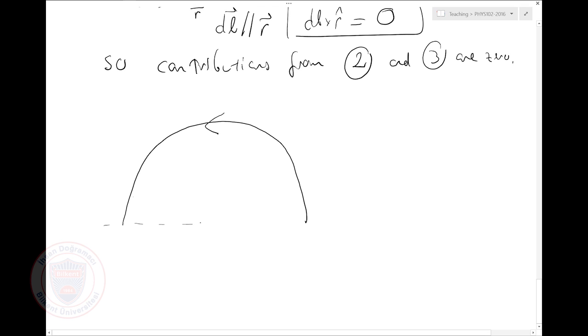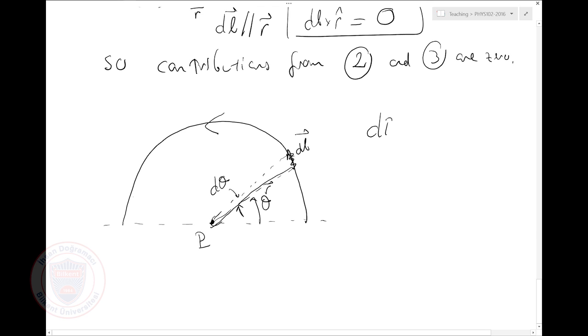Semicircle creating a magnetic field. So I would like to calculate the magnetic field at point P. I'll take a section at angle theta. It will be a small section which has thickness d theta. So that will be my dl, and that will be my radius vector.